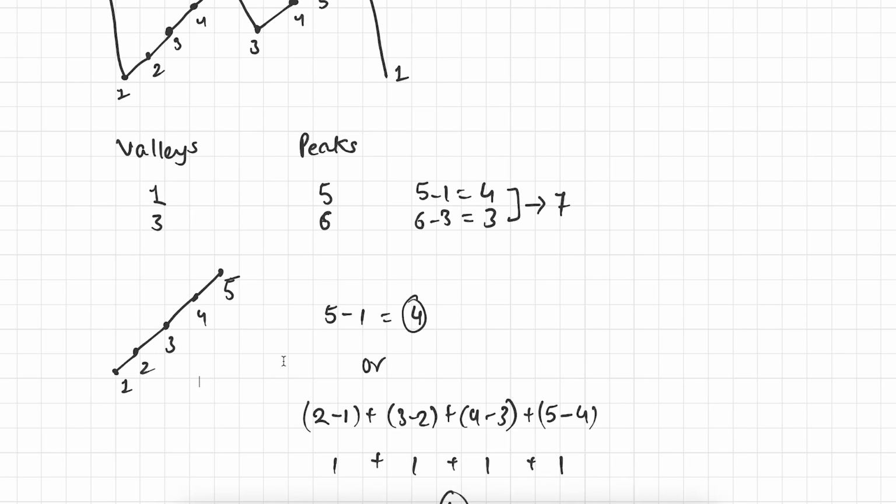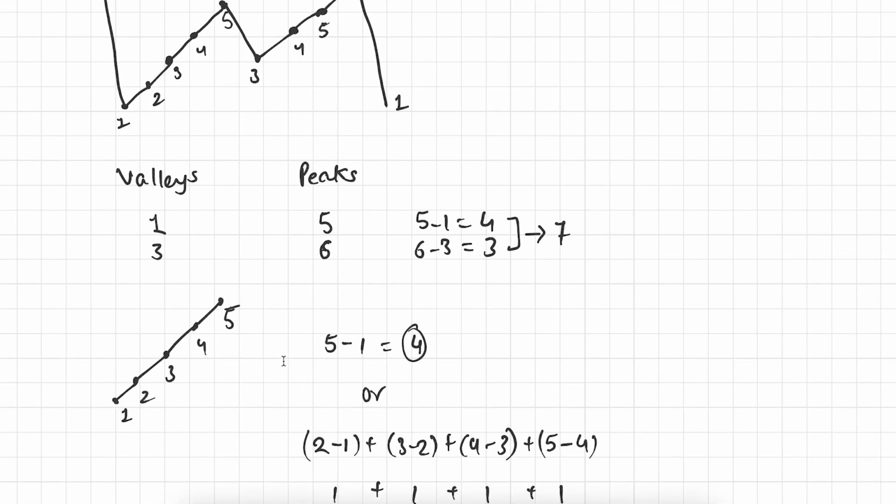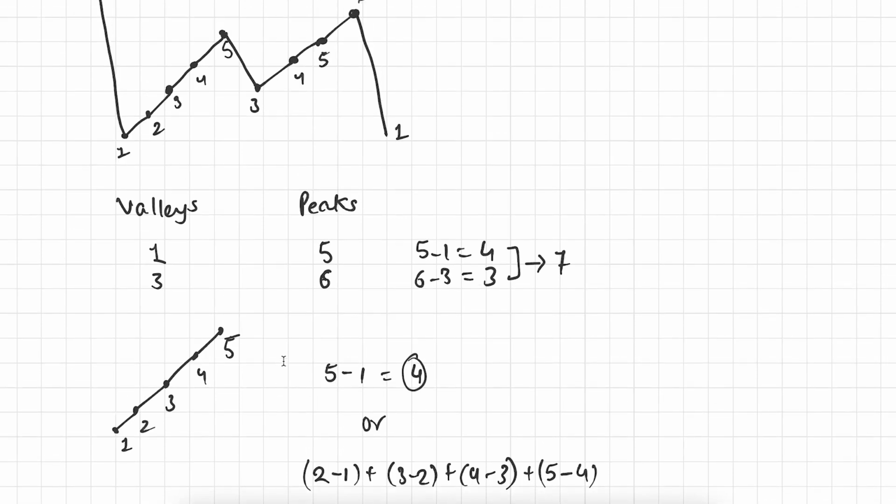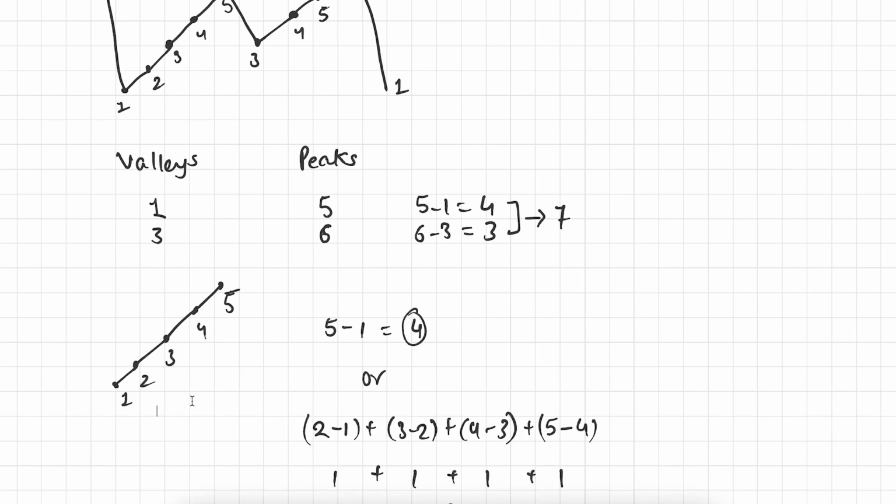But how is this possible? Well, we are already given stock prices in advance. Then we can simply find whether we will make a profit on the next day or not, right? Because on day 1 the price is 1 and on day 2 the price is 2. So by looking at these two prices, we can easily calculate that if we buy stock on day 1, then we will make a profit by selling on day 2, because 2 minus 1 is 1.